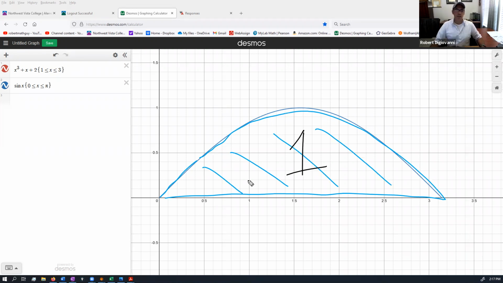Again, that's weird to me. The fact that that has an area of 1 is strange. It seems like it shouldn't be 1. It seems like it should be some weird number.